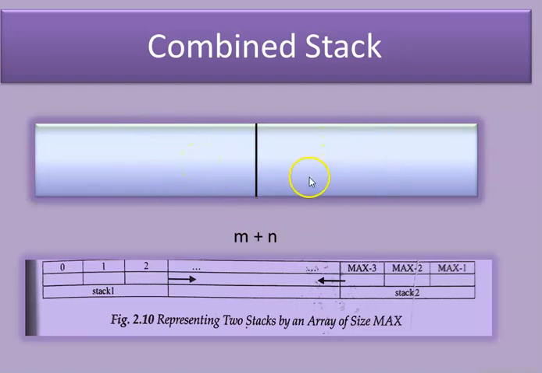When we try to push in an element in this, then we have a stack overflow. We cannot push an element here because the stack index starts from 5 to 11, but we have spaces left here which belong to stack A. So there may be a condition that we are having 11 spaces, but we have only 9 elements.